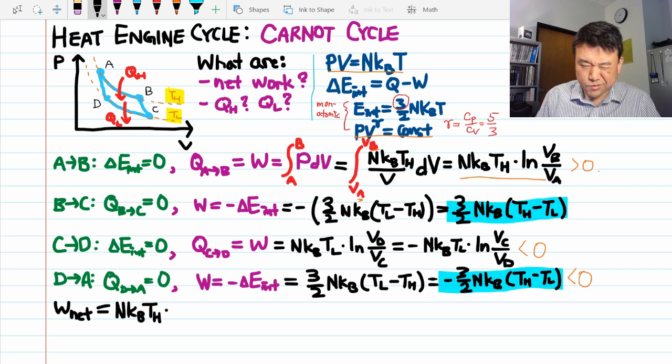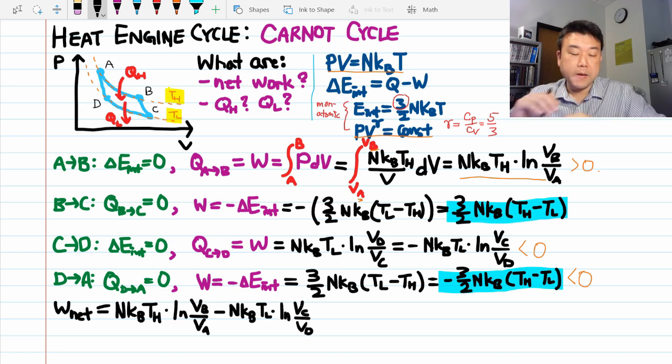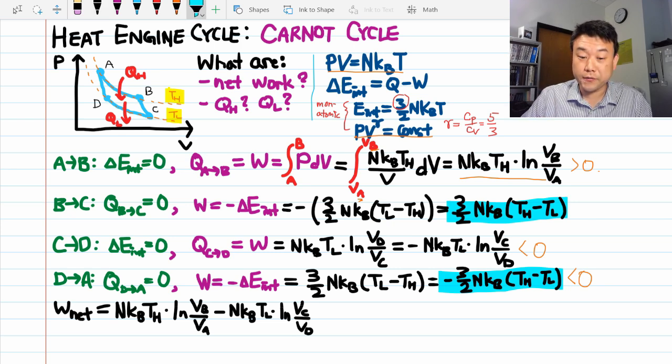nkTH times the natural log of VB over VA, and I'm adding the other thing, so minus nkTL times the natural log of VC over VD. This is probably a good point at which to reduce the number of variables we have in our expression: VB, VA, VC, and VD.